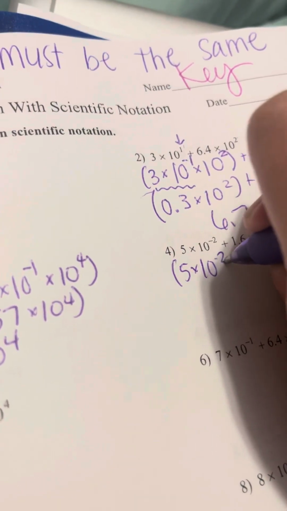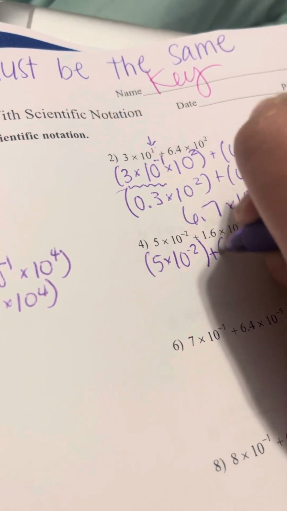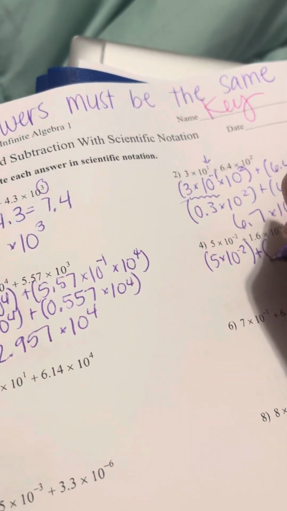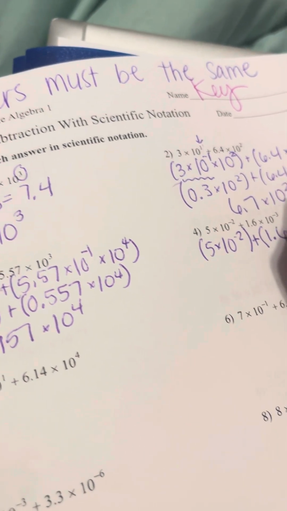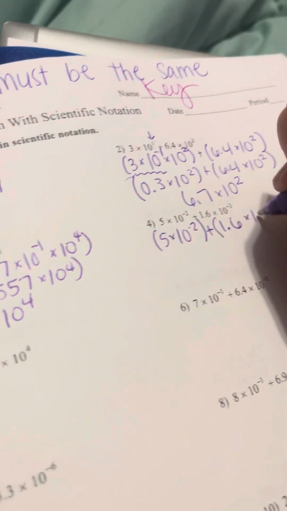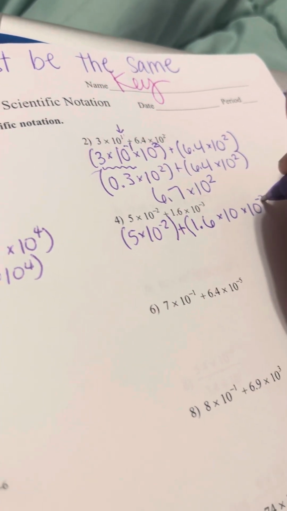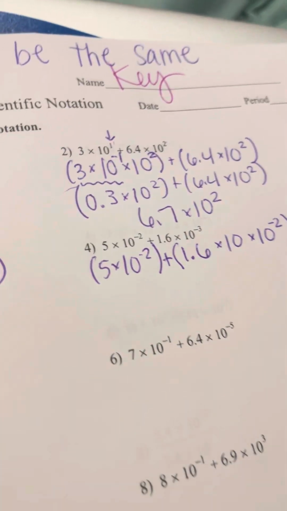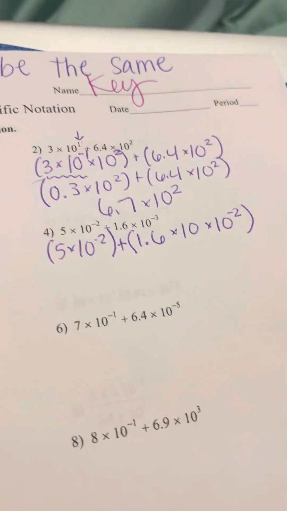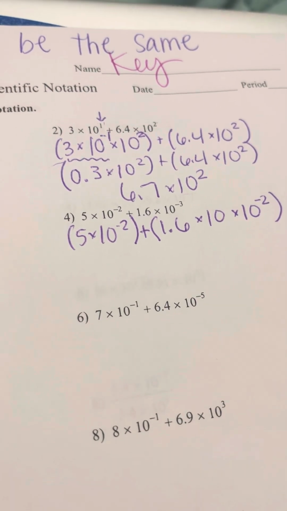So 5 times 10 to the -2, we're going to keep, plus 1.6 times, we're going to have two powers. My second one's going to be a -2 because I have to make it match the first set.